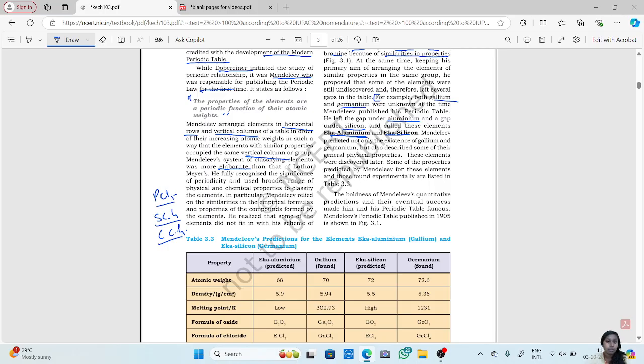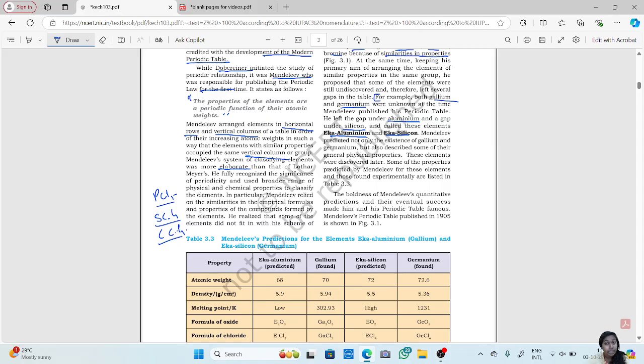Okay, later gallium and germanium were discovered. These are the two elements which were discovered after the publication of Mendeleev's periodic table. Both gallium and germanium had similar properties to what Mendeleev had written on his periodic table as eka aluminium and eka silicon respectively. So he predicted that there will be some elements which will show the properties of this element which are not yet discovered.